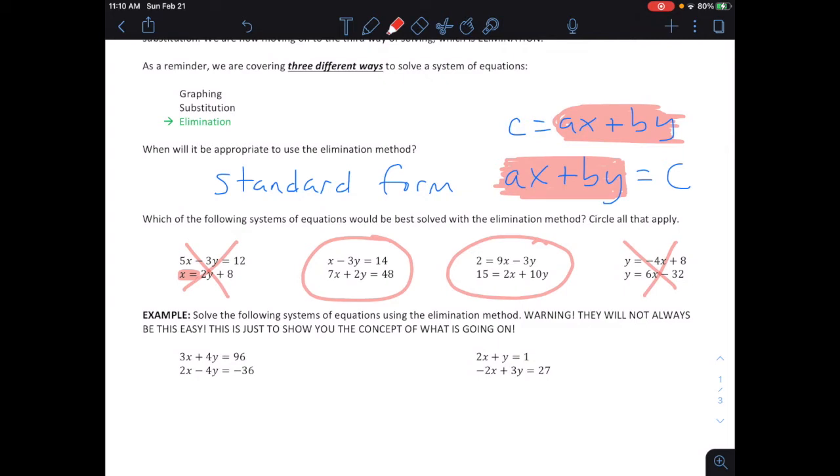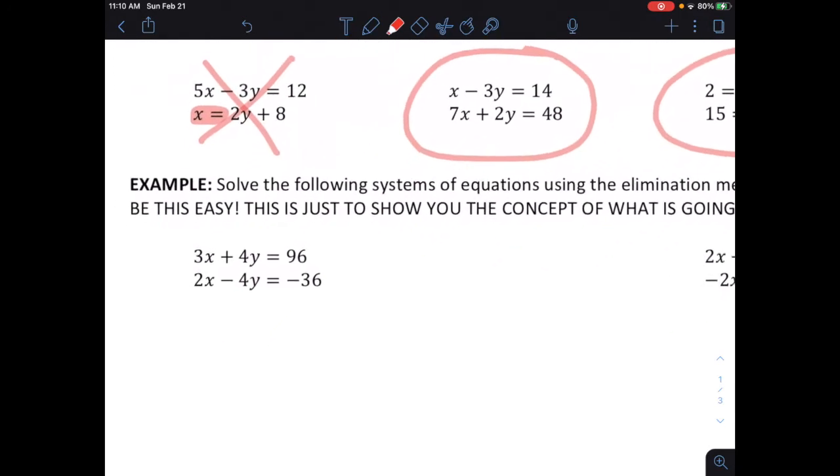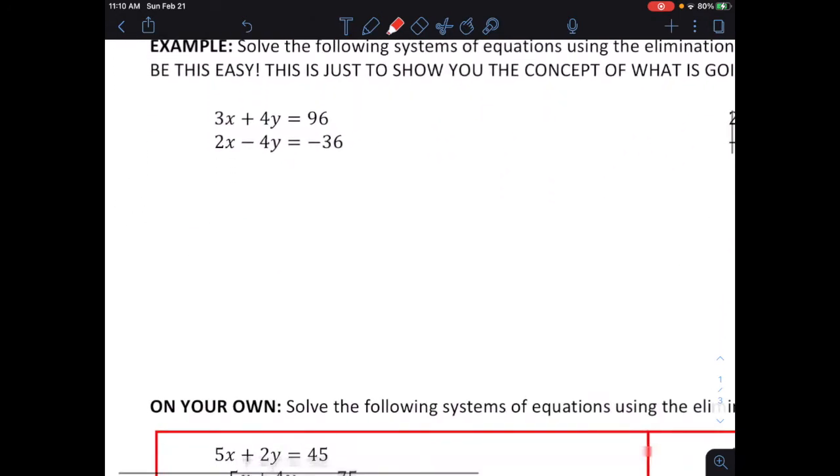In this case, what we want to look for are opposites. And you can see right here, I have a positive 4y and a negative 4y. When I see opposites like that, I can simply draw a line underneath here. I can add these two equations together. So I'm just going to add down. 3x plus 2x is 5x.